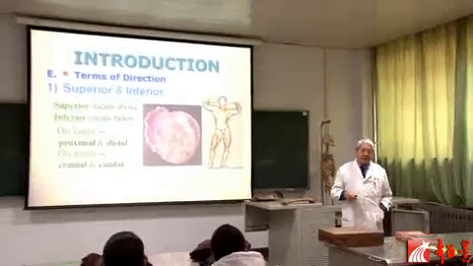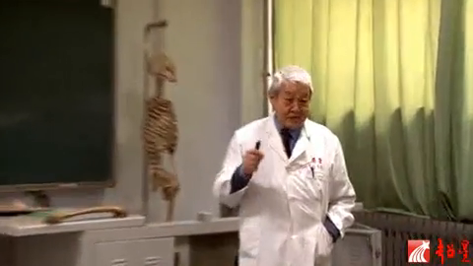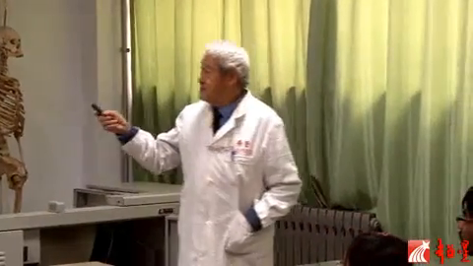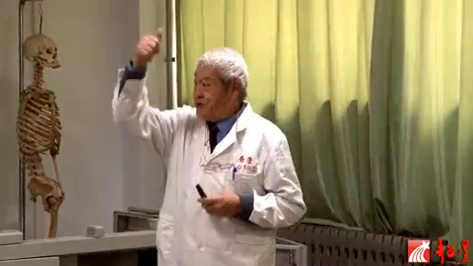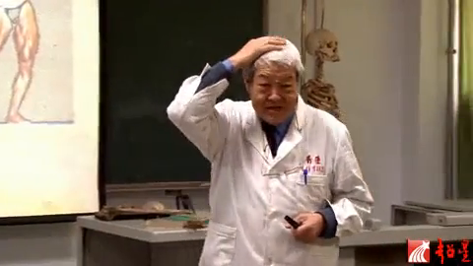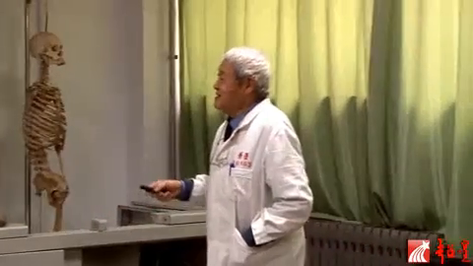For a lot of organs, you must know the direction. So there are some pairs of these terms. First is superior, inferior. Superior means above, near the top. Inferior means near the lower, below.